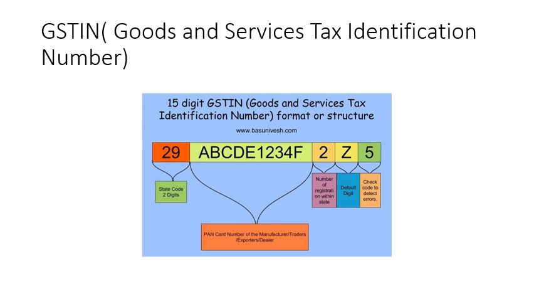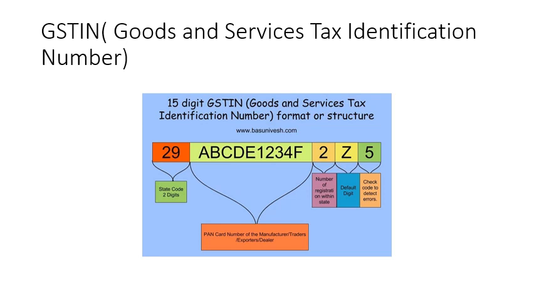Earlier there was a TIN number for all suppliers, allotted to every registered business entity by the commercial tax department. That was known as the taxpayer identification number. So now it is replaced with the GSTIN, that is goods and services tax identification number.